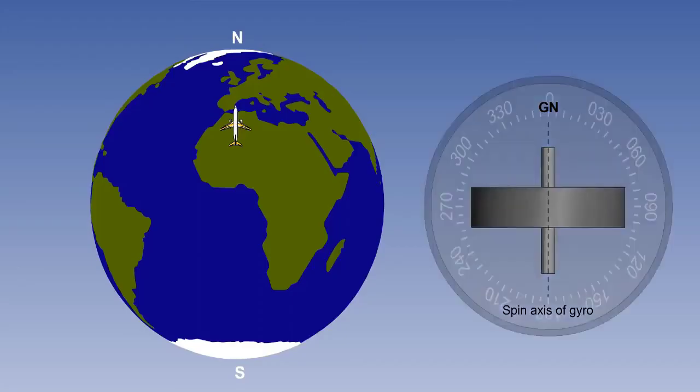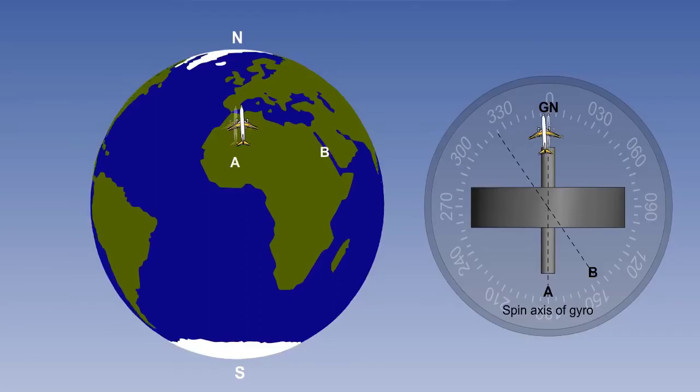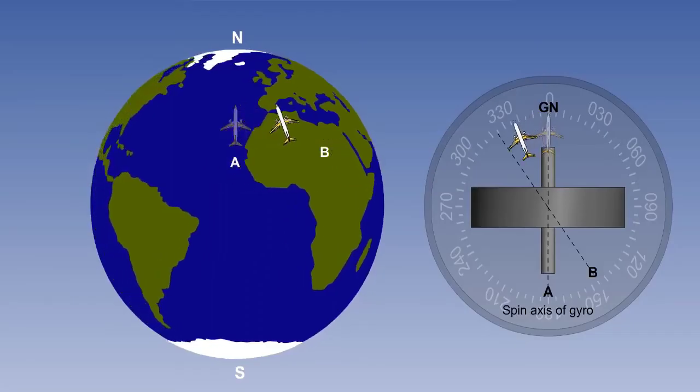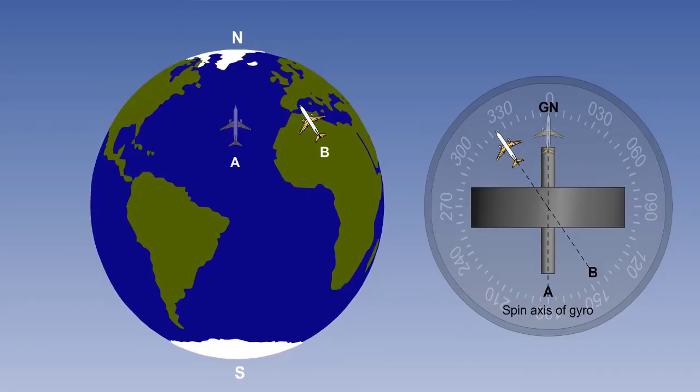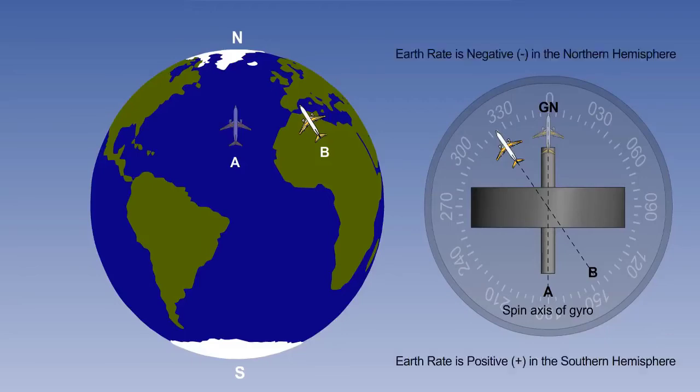If we now attach a compass rose to the spin axis of the gyro, we will see that while the Earth is rotating on its own spin axis, the gyro spin axis remains in a fixed direction in space. So we can see that in this particular example, where the aircraft is in the northern hemisphere, the direction of true north in relation to our gyro north appears to decrease.